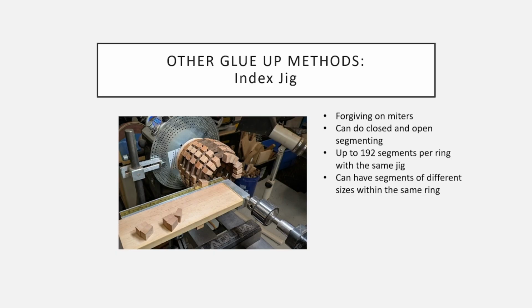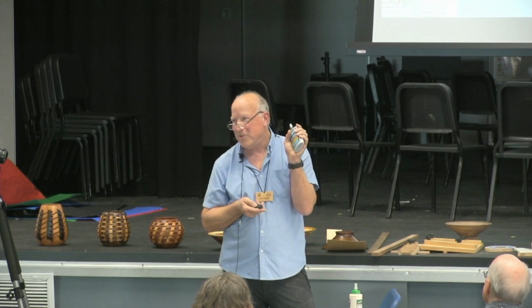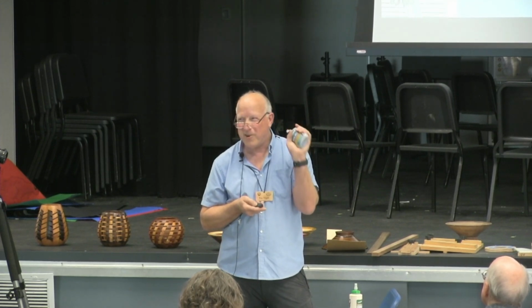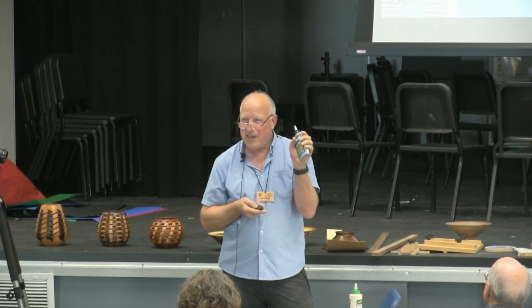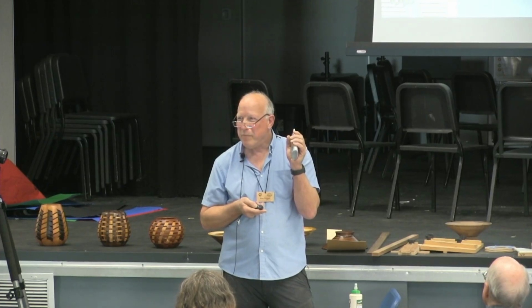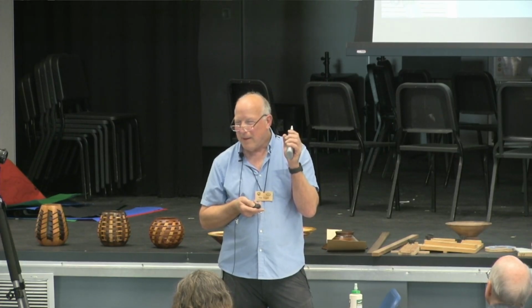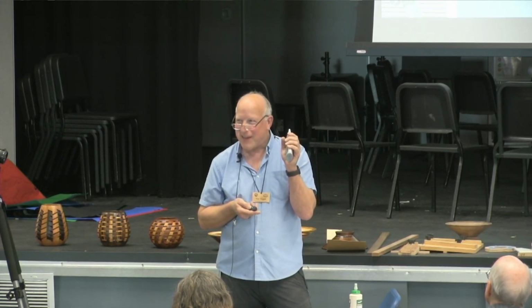So normally this stuff, after setting for a half hour, you can usually work with the pieces. I wouldn't turn it, but you can usually glue in other segments without too much worry. I give myself, like I said, usually about a half hour between the rings.